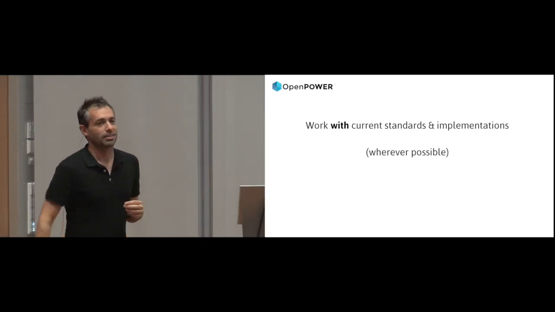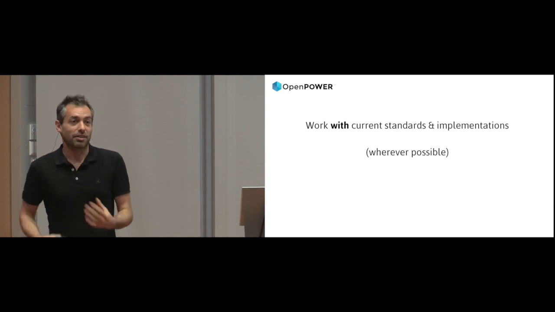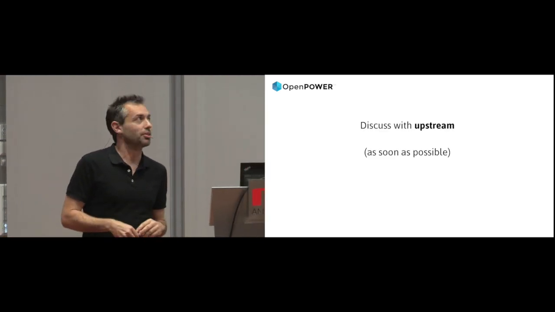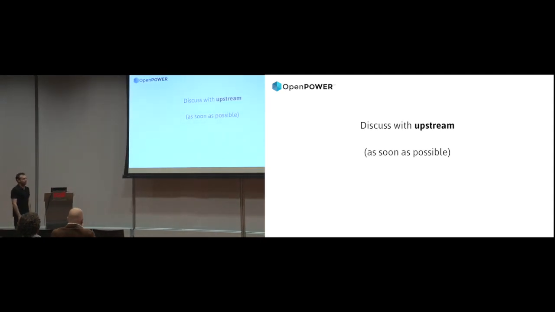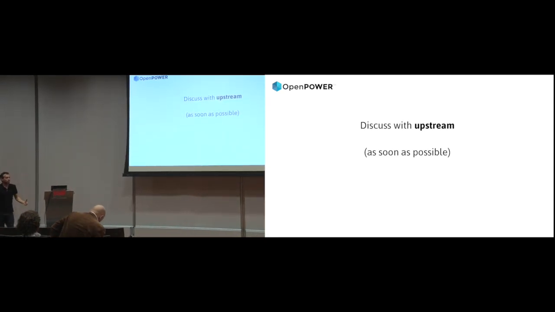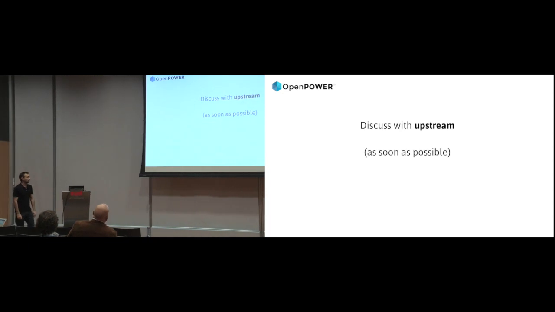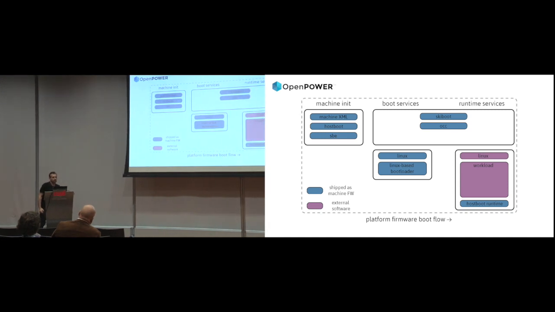And discuss things with upstream. If you've got an idea, if you've got a proposed way of doing things, have a chat with the upstream for those projects, and often we can all collaborate to get a good design that's consumable for everyone.